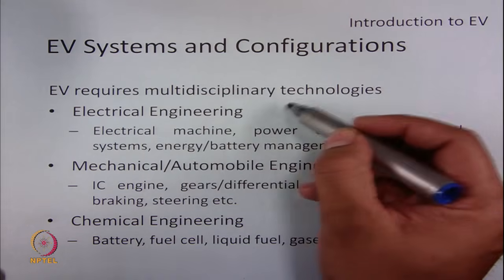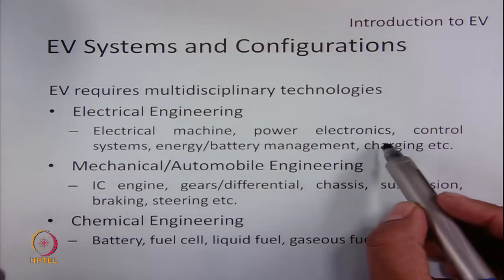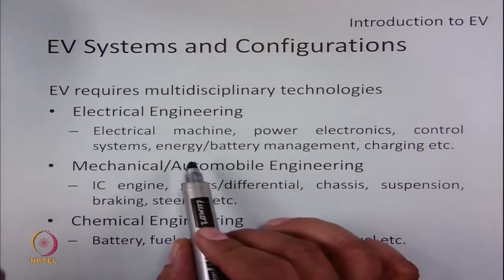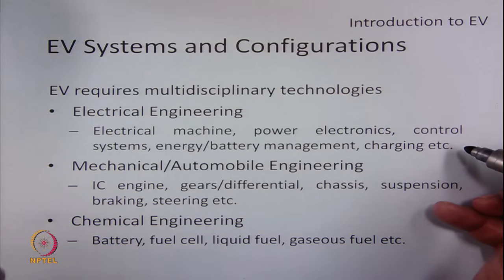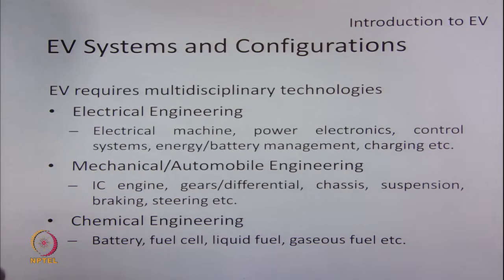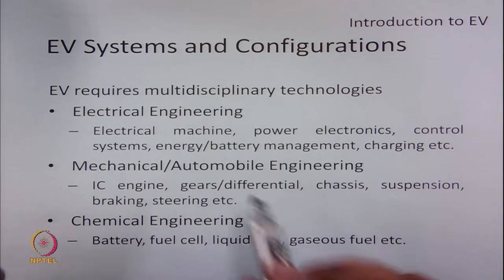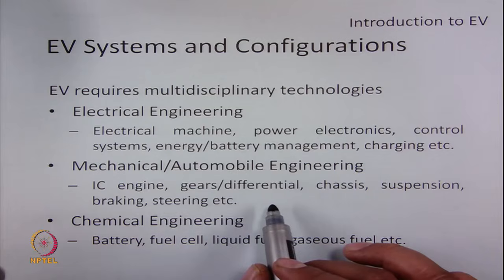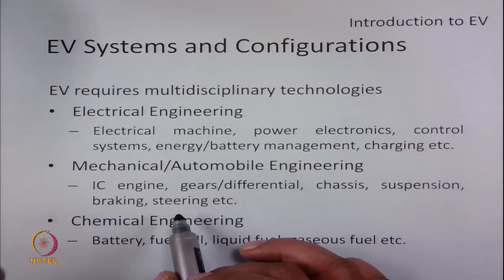In electrical engineering, it requires the expertise of electrical machines, power electronics, control systems, energy and battery management systems, and charging. In the mechanical and automobile engineering domain, it requires the knowledge of gearing, differential, chassis, suspension, braking, steering, etc.